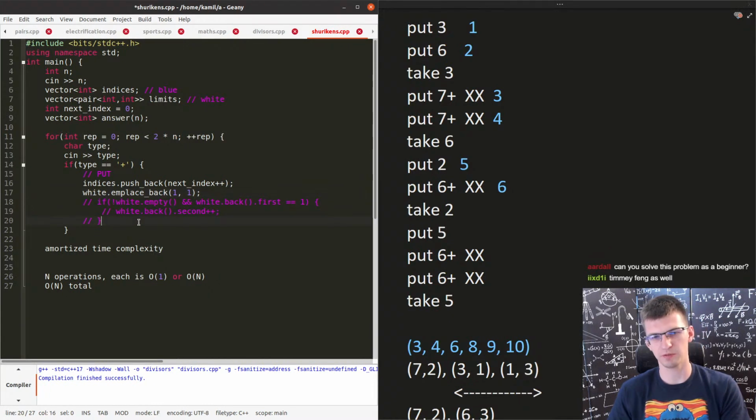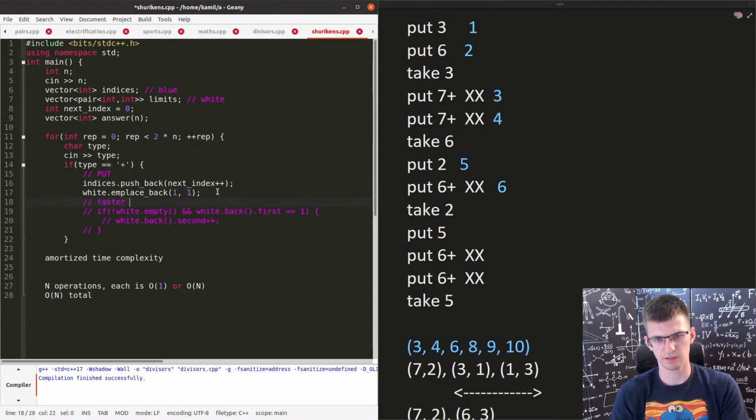We can submit both. This is linear anyway because we add linear number of groups. So that's basically it. I think that's it for put.